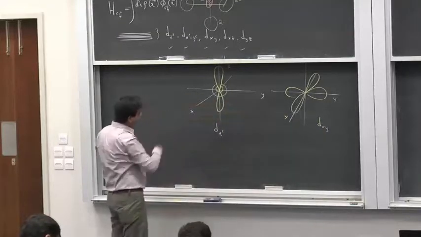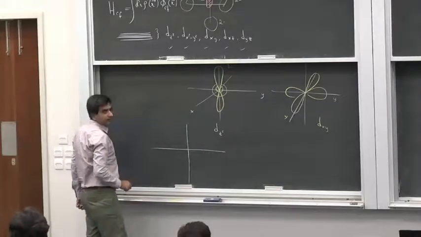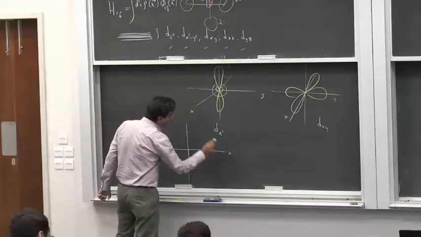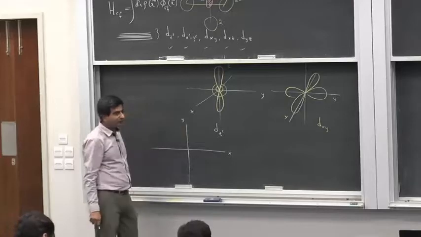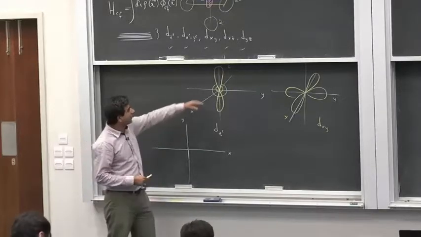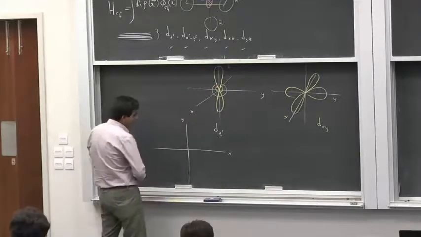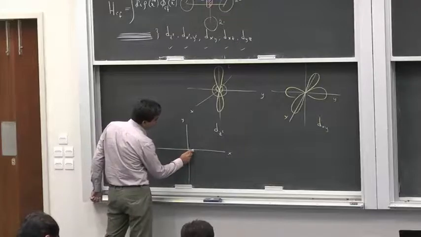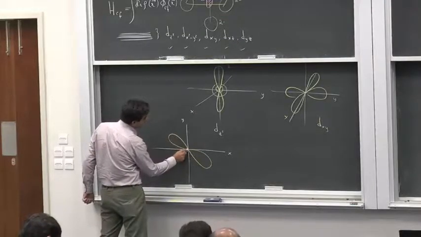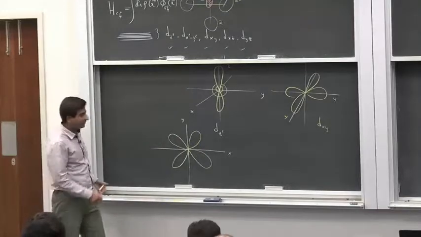Likewise, I have three other orbitals. Now I'm making this the x-axis and this the y-axis, so I can easily draw the remainder of the 3 orbitals, and I'm looking at this configuration from the top. So the dxy orbital has its lobes in between the axes.